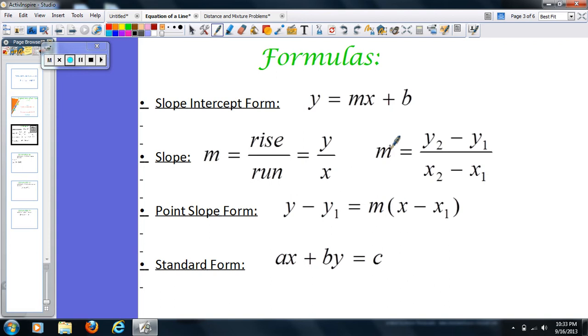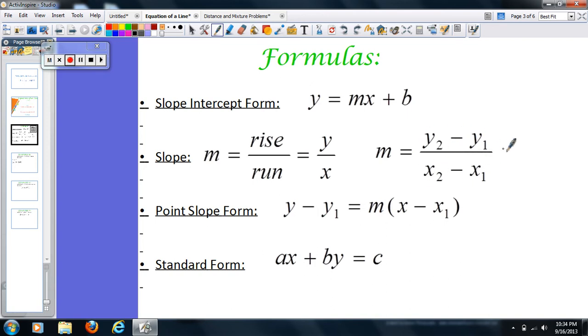If we're given 2 points, but we do not have the slope of a line. So if you're given 2 points and it says these 2 points are on a line, give me the equation of the line, the first thing we have to find is the slope. And how you're going to do that is by using this formula right here, and that is y2 minus y1 over x2 minus x1. And then you're going to divide.